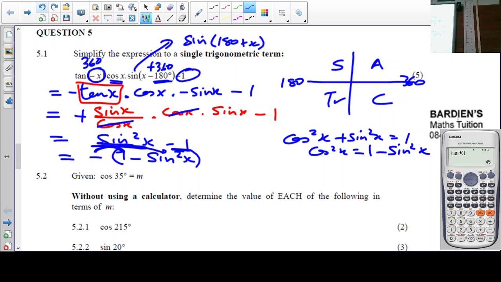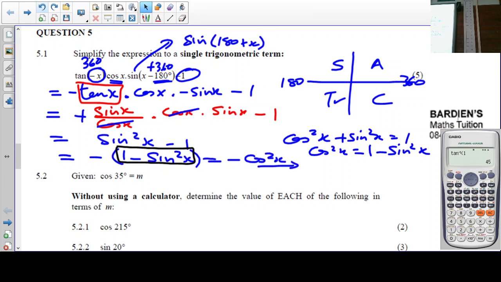Can you see that? Okay. So this part here is equal to 1 minus sine squared x. So your ultimate answer is going to be negative cos squared x. Your final answer. Alright? Very simple.